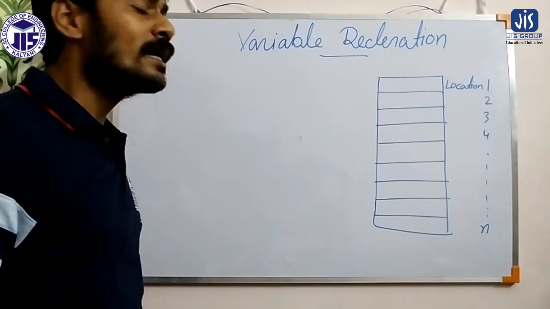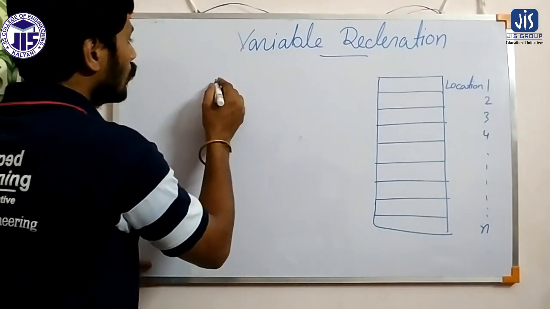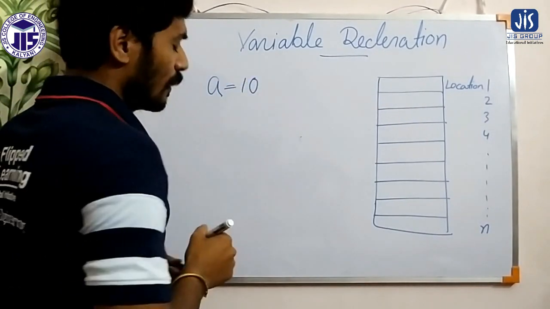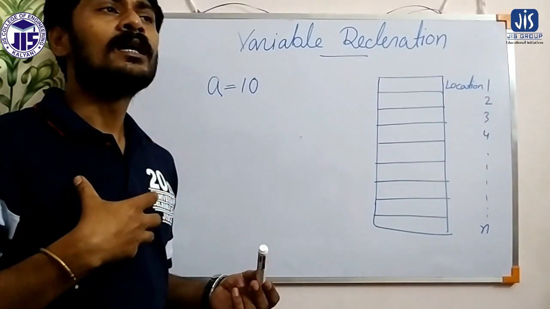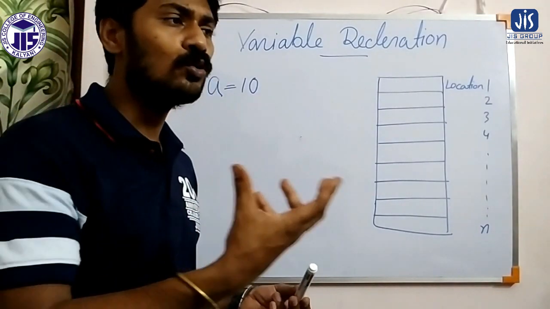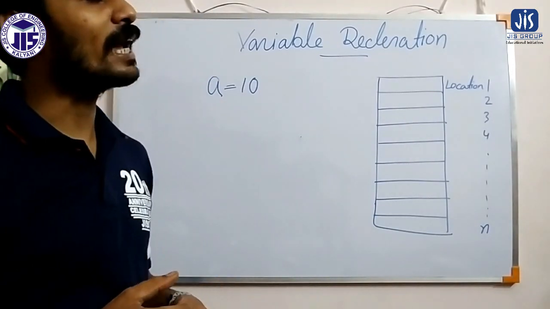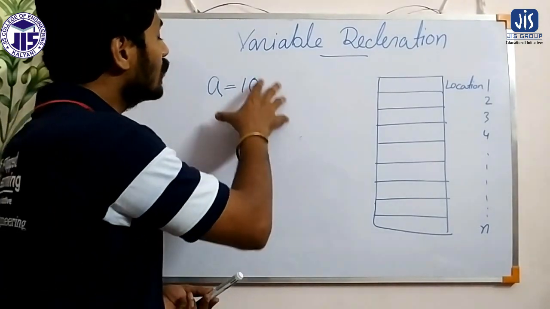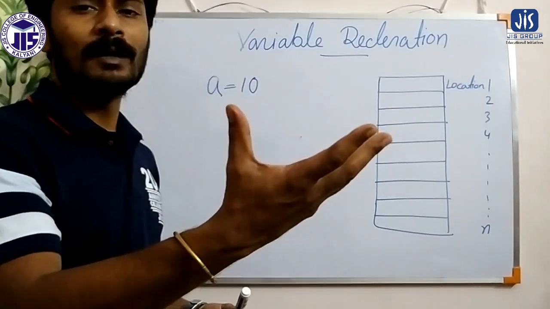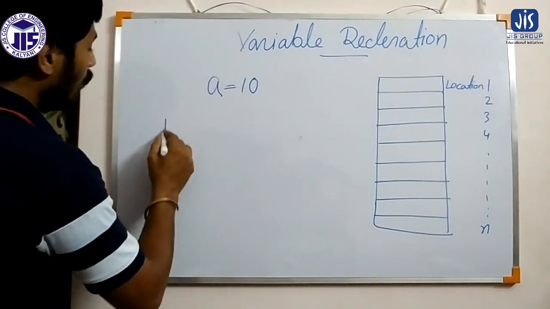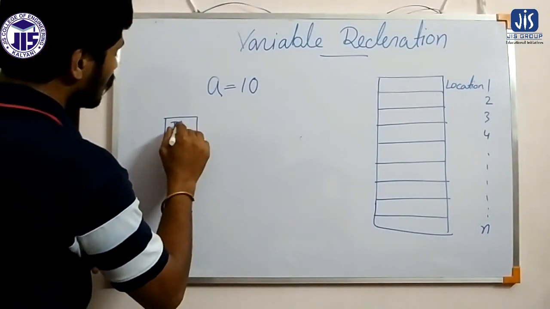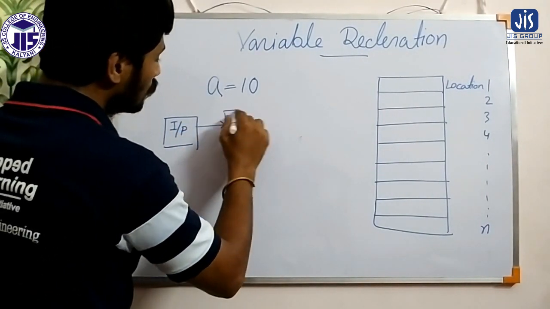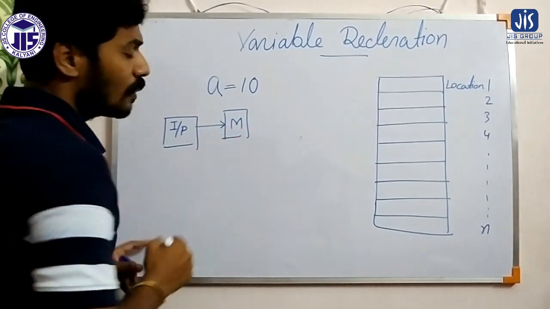Now, in our program, whenever we take a variable in that way and we write a equals to 10, this 10 value that we are giving as input, either in programming or through an IO statement like printf, scanf, will be stored into the main memory, because we know that from the input output device, the data will go to memory.